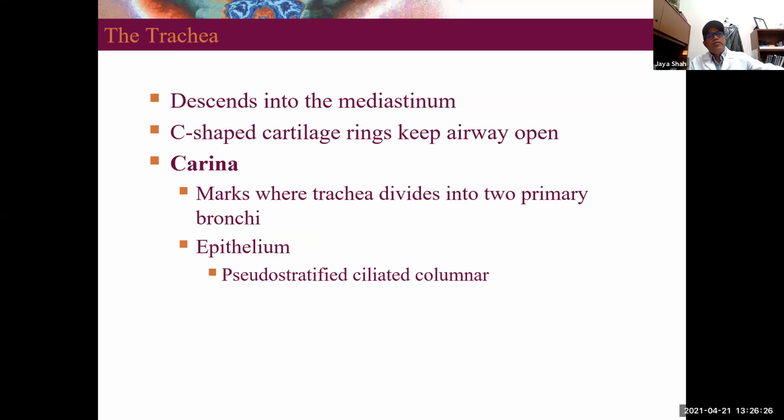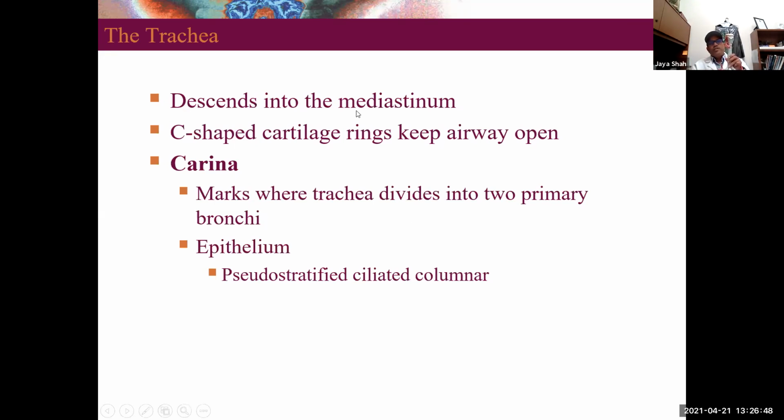The trachea starts from the larynx, and you see this is the cricoid cartilage. Here is the thyroid cartilage. Your thyroid gland is just below the thyroid cartilage. You usually think it is just above the thyroid cartilage. It is not. Here is the thyroid gland in your neck.